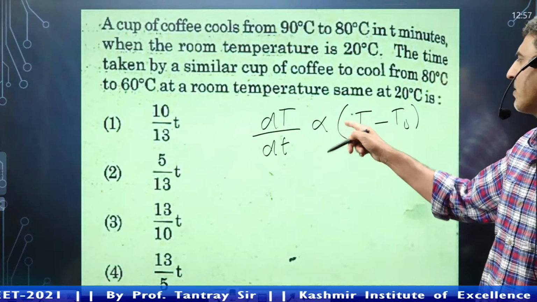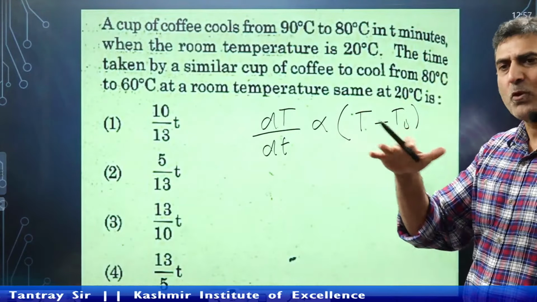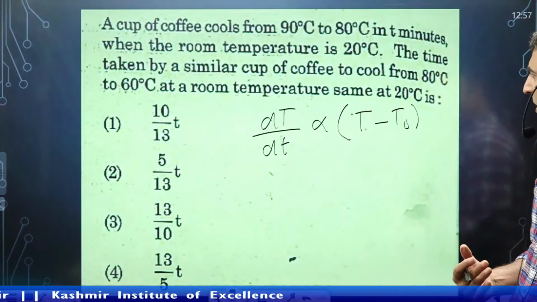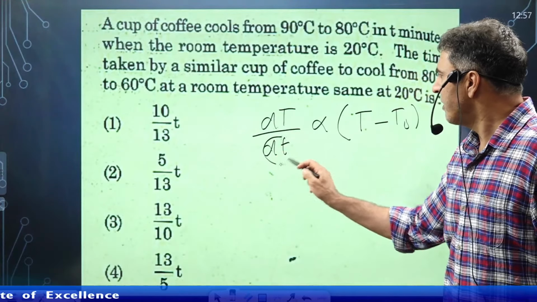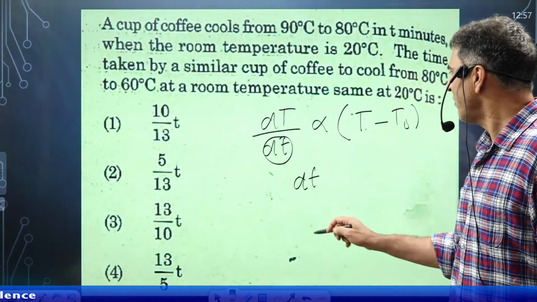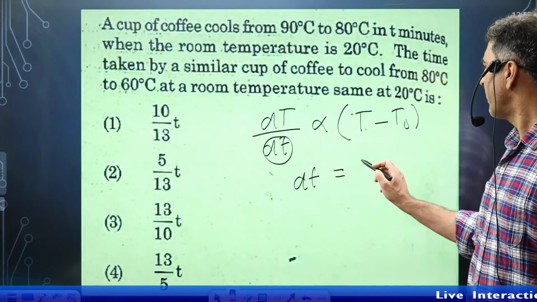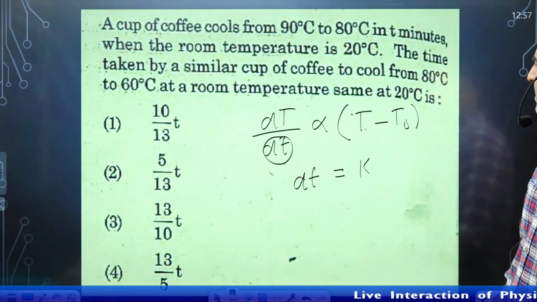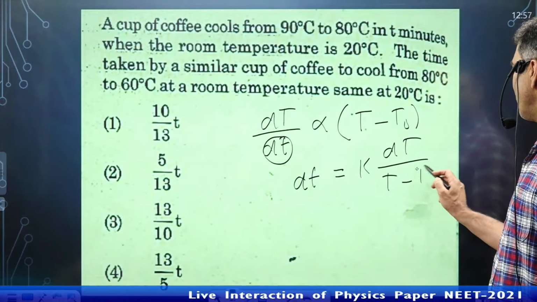Of course there is a negative sign here because the rate of cooling decreases with time. Now the time dt that I want to find is equal to, I will put the constant k also, dT divided by T minus T0.